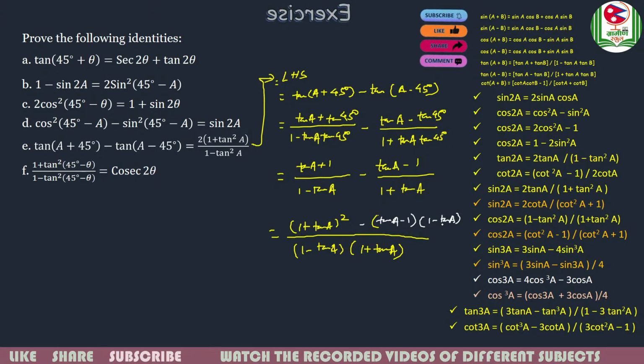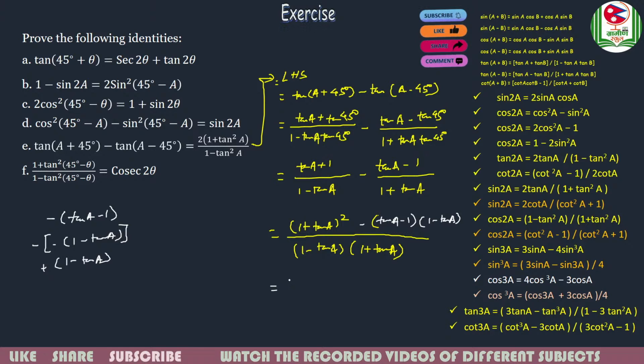If you take the common minus, then this one is going to be plus. So if there is minus tan a minus 1 and you take minus common, it becomes minus 1 minus tan a, and here minus minus is going to be plus, so we can easily write plus.